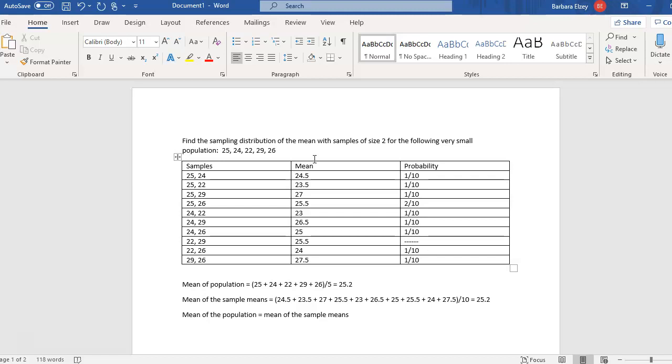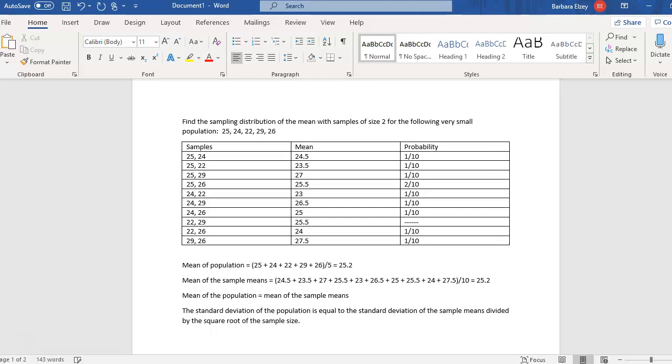I would find that the standard deviation of the sample means is equal to the standard deviation of the population divided by the square root of the sample size. Okay, so let's summarize this and also put it into symbols that you might see in your homework.